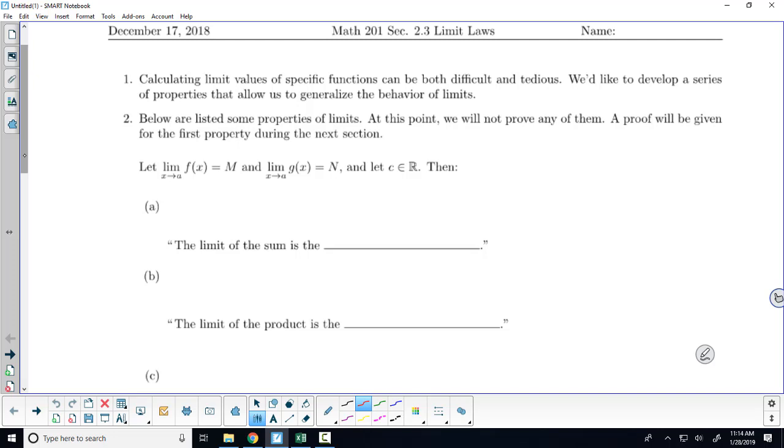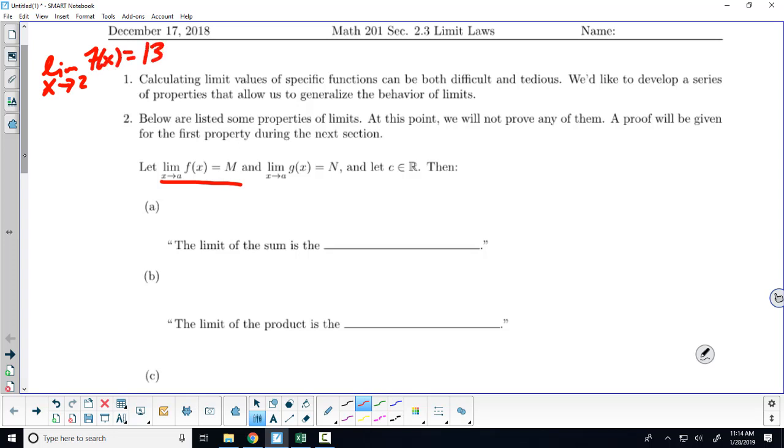Okay? So let's suppose we know the limit as x approaches a of f of x. We know that to be the number m. Just like we've written before. So for example, let's say I tell you that the limit as x approaches 2 of some function f of x is equal to 13.